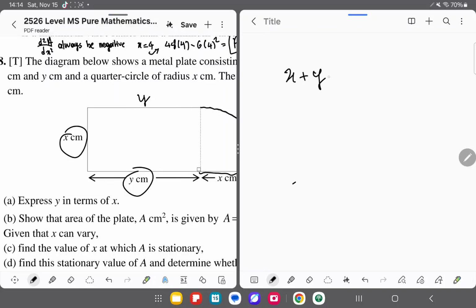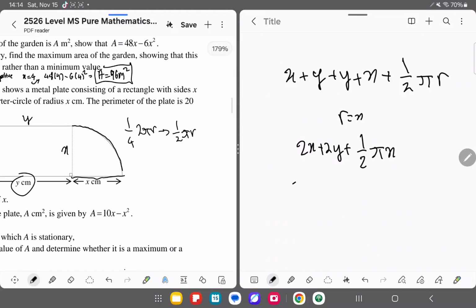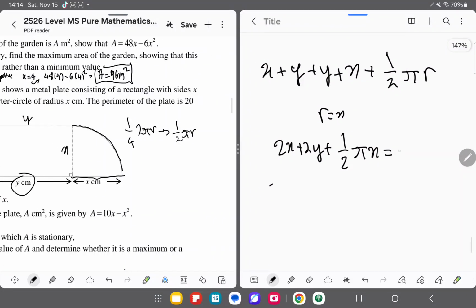So x plus y plus x plus 1 over 2 pi r. r is equal to x in this case. So first let's just simplify. 2x plus 2y plus 1 over 2 pi x. So now I have this, and this should be equal to the perimeter, which is 20.